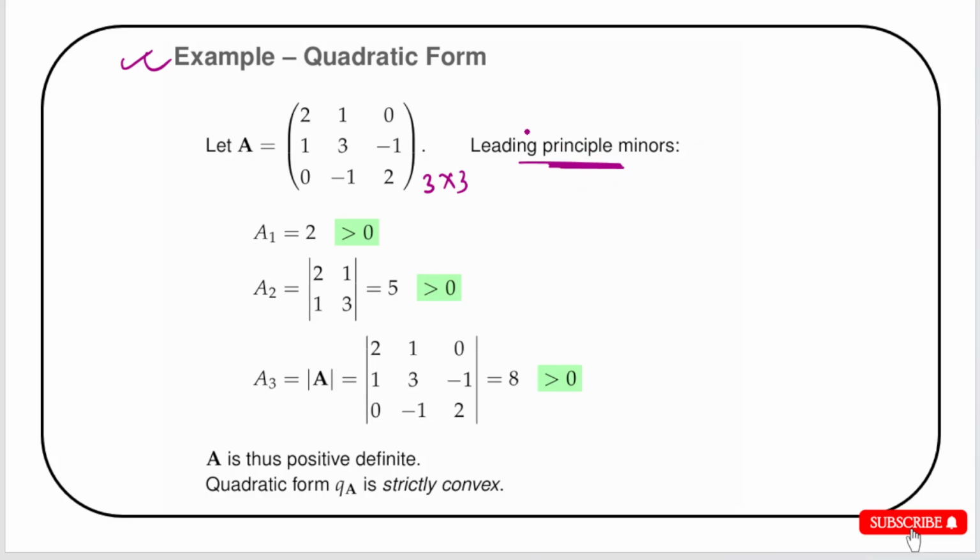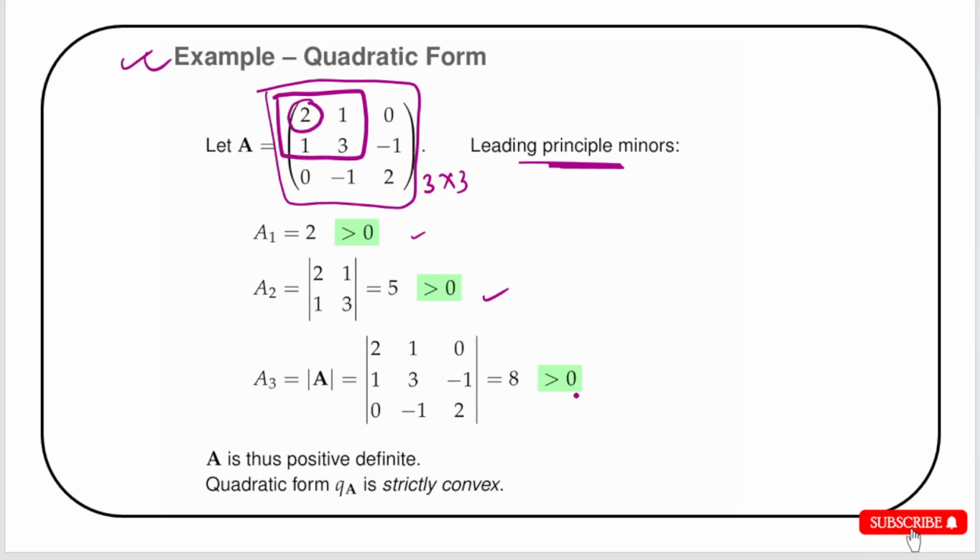What are the leading principal minors? The first leading principal minor is simply this term. Here you have 2, which is strictly positive. The second leading principal minor will be the determinant of 2 1 1 3, and if you take the determinant it is 5, which is also strictly positive. And the third leading principal minor would be the entire 3 cross 3 matrix.